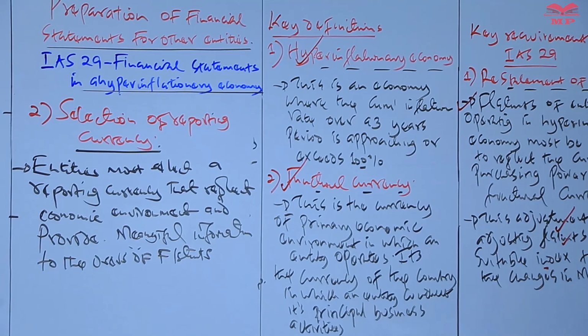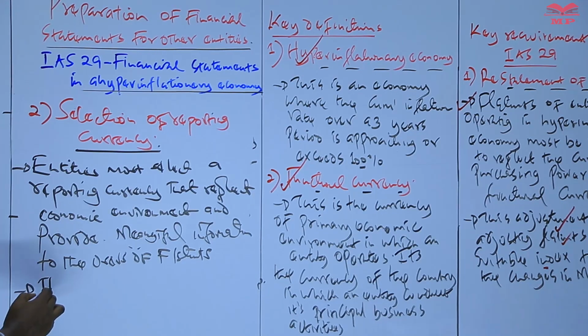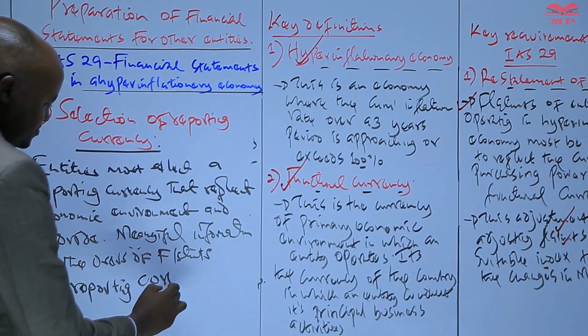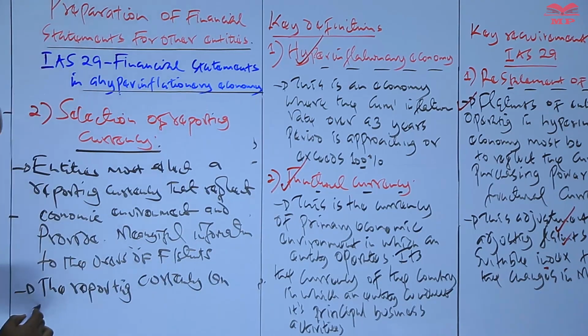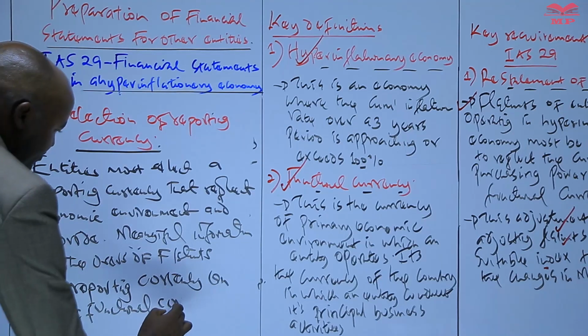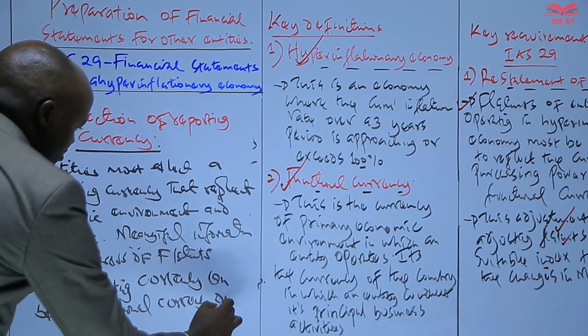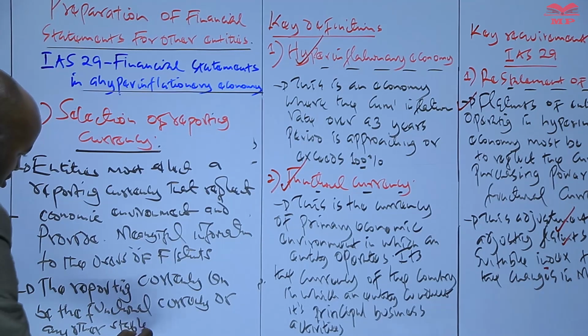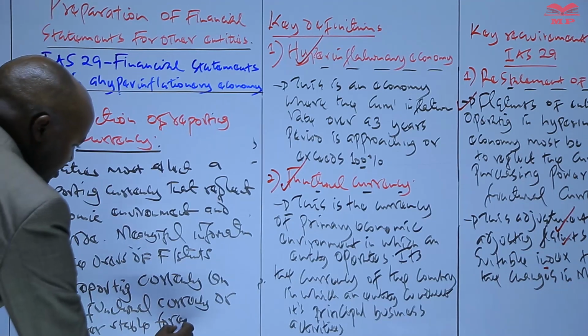So that's why we are saying that the reporting currency can either be the functional currency or any other stable foreign currency.